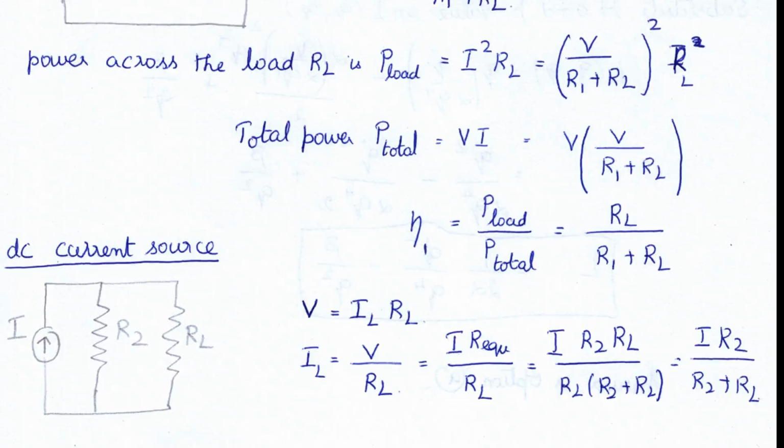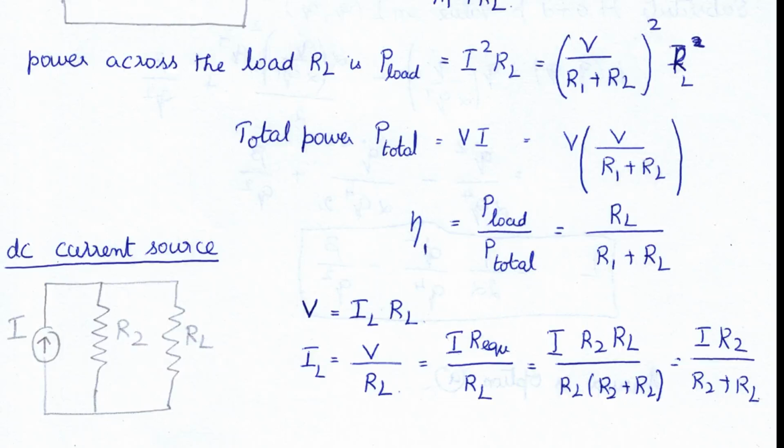The left hand side shows the circuit diagram of the DC current source. As it is a parallel connection, the voltage drop across each of the resistances will be the same. So we will find the voltage V across the load. V is equal to IL into RL. So IL is equal to V divided by RL, that is I into R equivalent divided by RL.